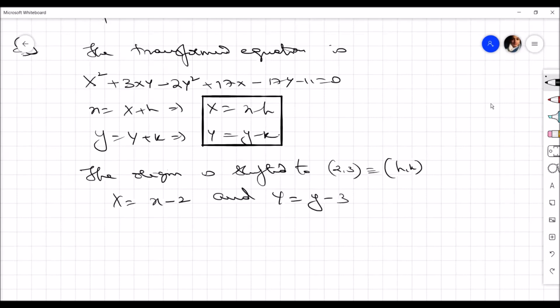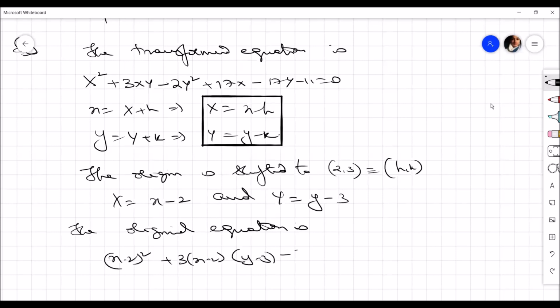Using these two, I'll convert the equation. The original equation is (x minus 2) whole square plus 3 into (x minus 2) into (y minus 3) minus 2 into (y minus 3) whole square plus 17 into (x minus 2) minus 17 into (y minus 3) minus 11 is equal to 0.